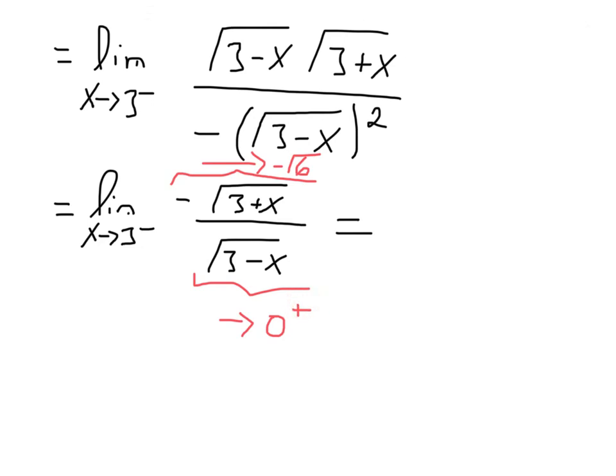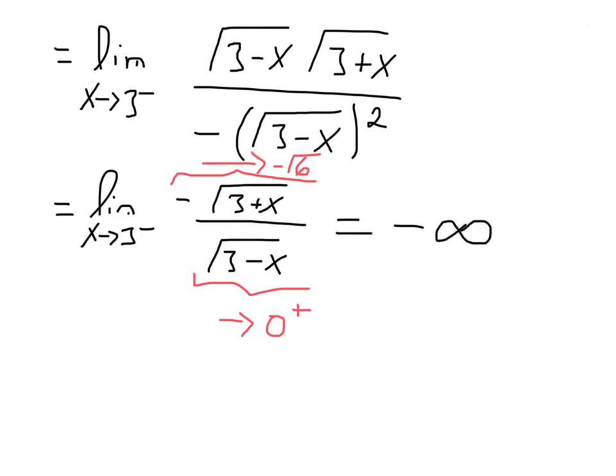For all x's we're considering, this function here is going to be negative. So let's write that down, negative. And also, the numerator is close to minus root 6 divided by this very, very small positive number. We're going to have a very, very large negative number. The limit then of this function is equal to minus infinity.